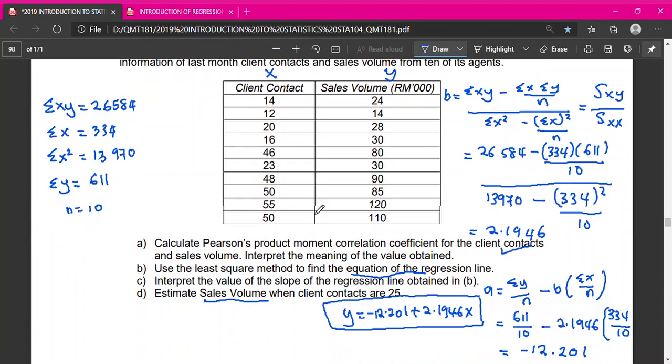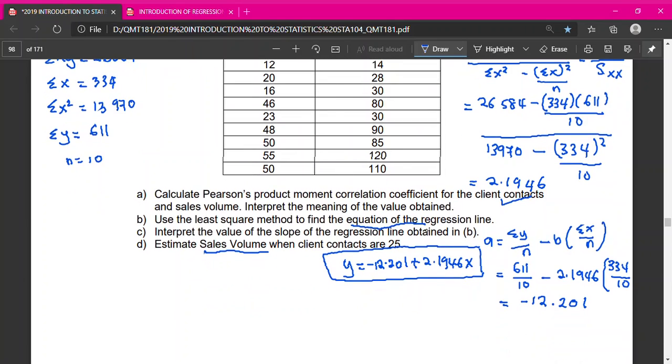Okay, if client contact increase by 1%, then the sales volume will be increased juga. Kenapa increase? Sebab positif. Will be increased by berapa? 2.1946 unit. Tapi unitnya dalam RM, so you can tukar ke dalam bentuk RM.